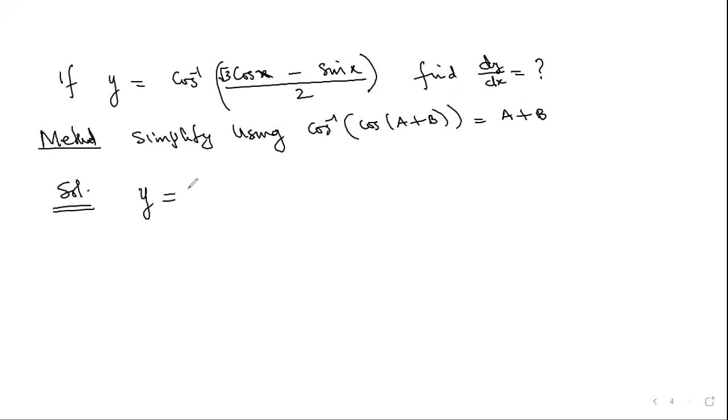So y is equal to... can somebody speak with me, Paridita? Yes, sir. Can you tell me what I should write in the next step? First, we have to copy the question.